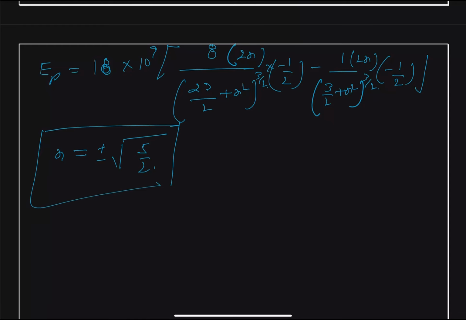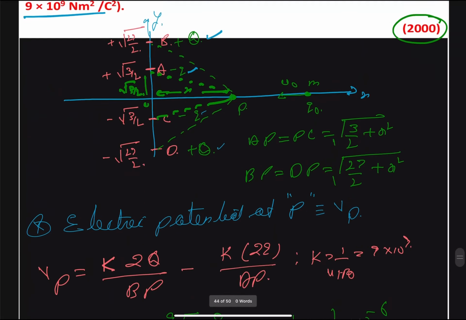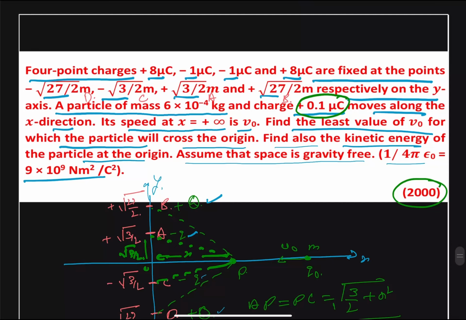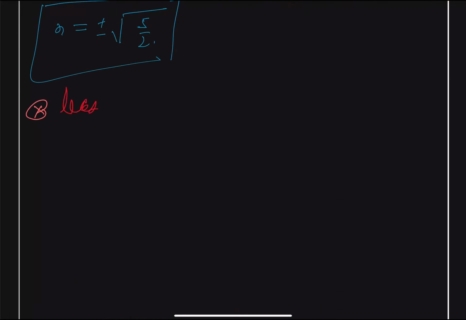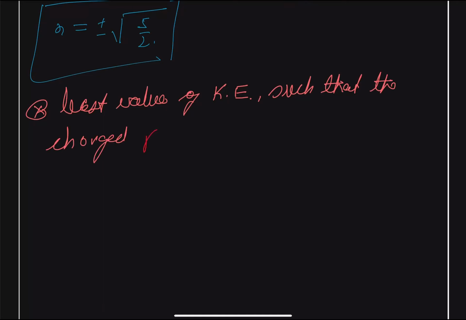And we got the value of x, and taking the positive value, we see that the least value of kinetic energy should be enough such that the charged particle reaches x is equal to plus square root of 5/2.